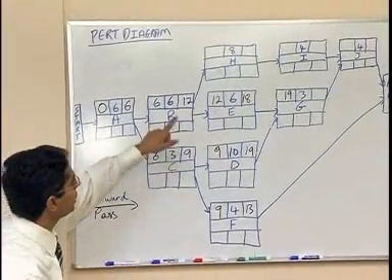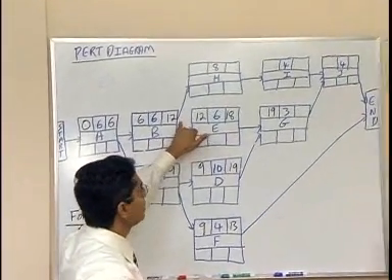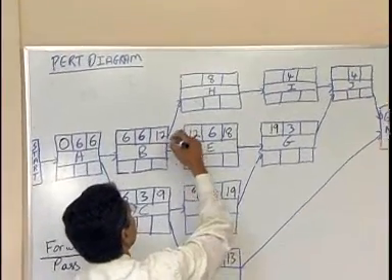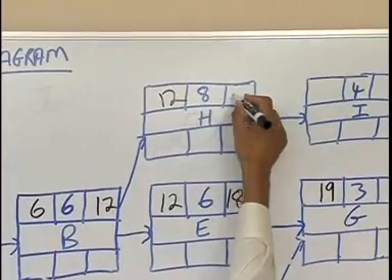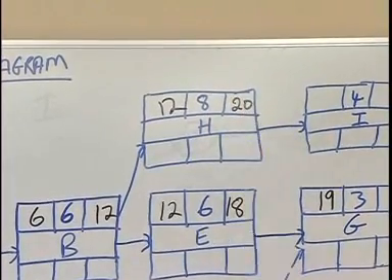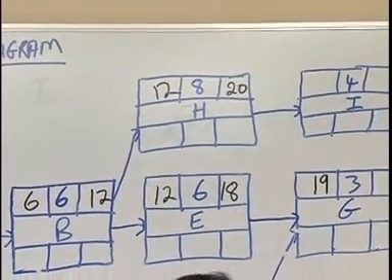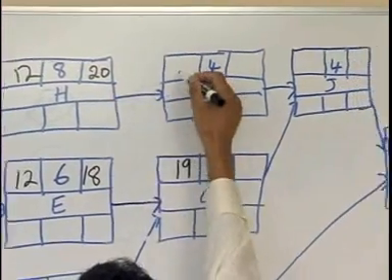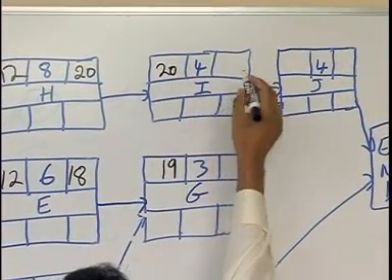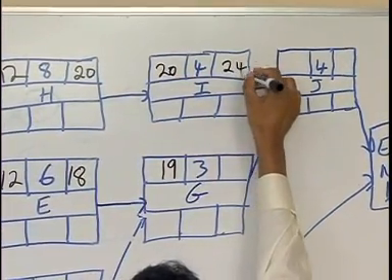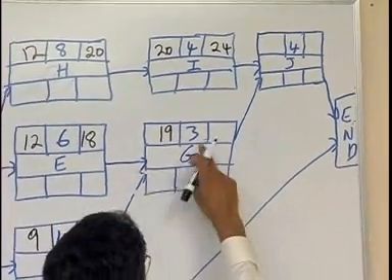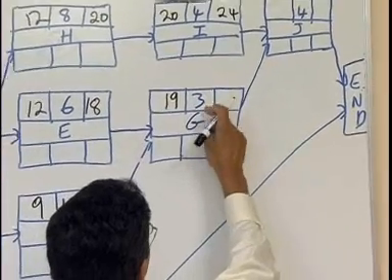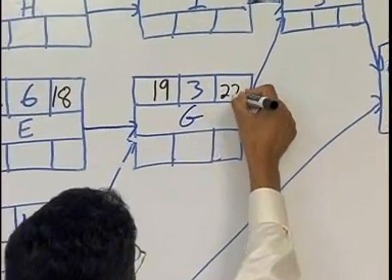Next comes H. H has 1 B coming into it, so that is 12. 12 and 8, 20. Now, I has H, which is this, 20 plus 4, 24. Okay. Now, G here I didn't complete, but G was 19 plus 3 is 22.